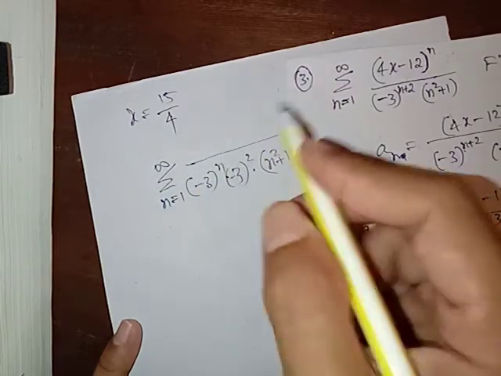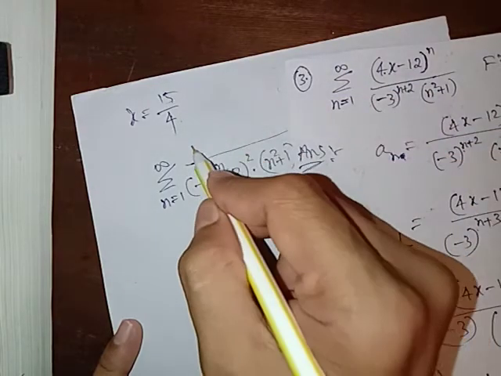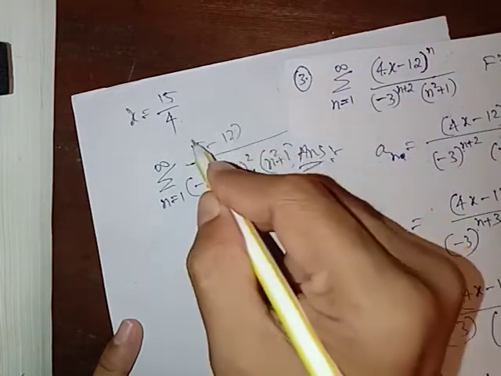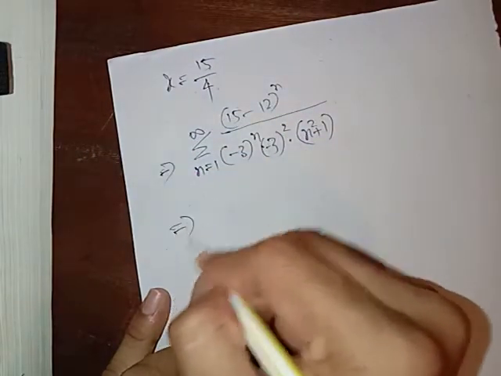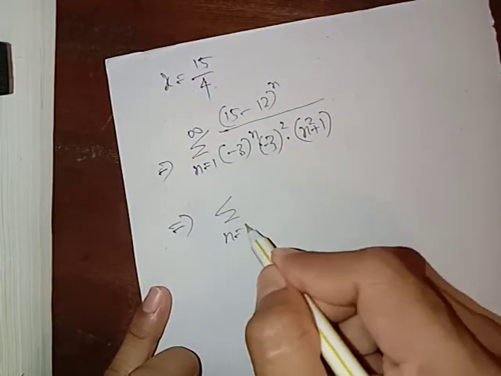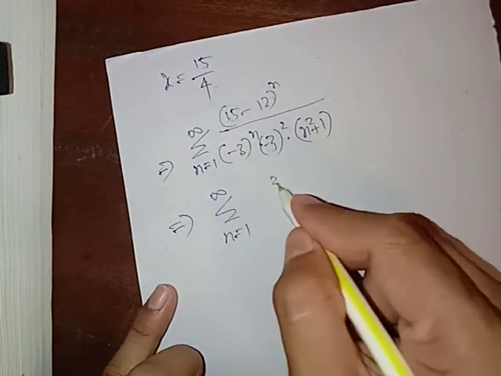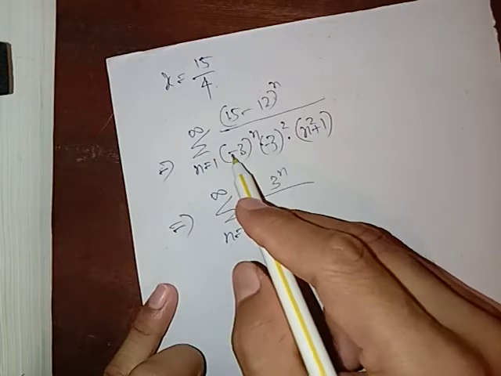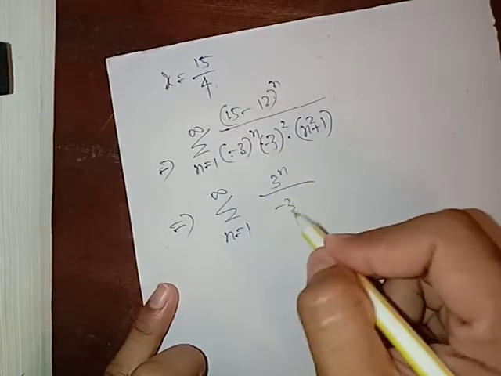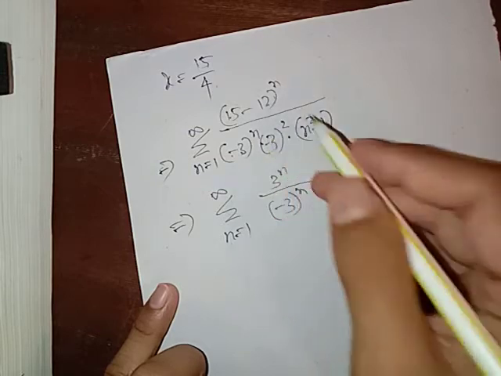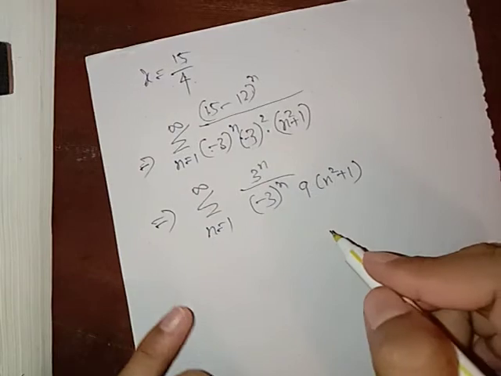Here in the place of x, if we put 15 by 4 and 4 cancels out, we get 15 minus 12 is 3 raised to n, over minus 3 raised to n into 9 into n square plus 1.